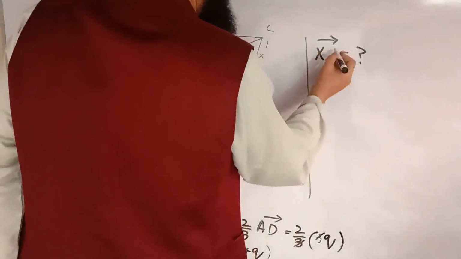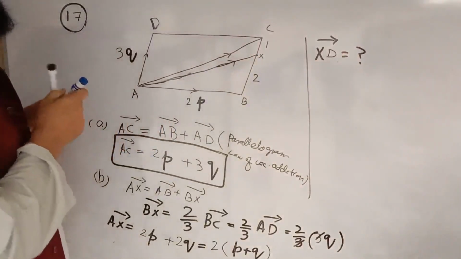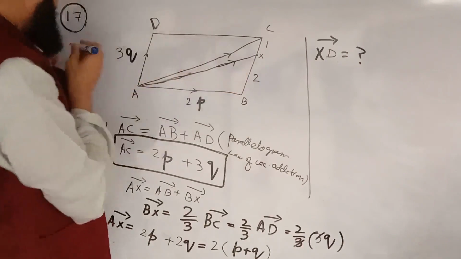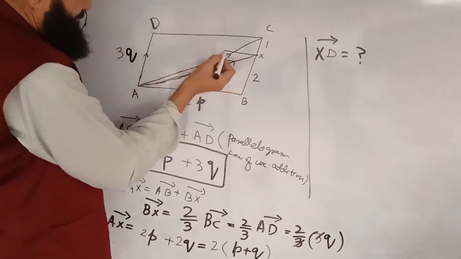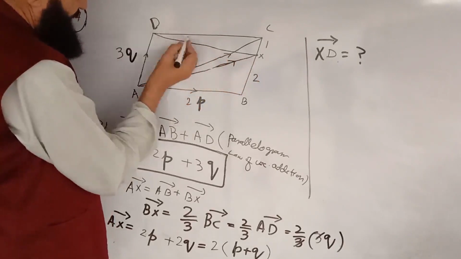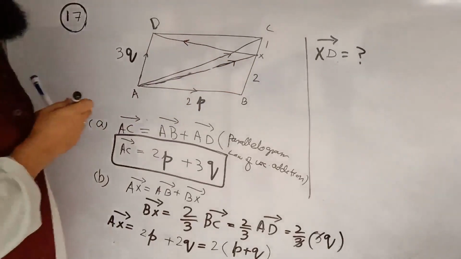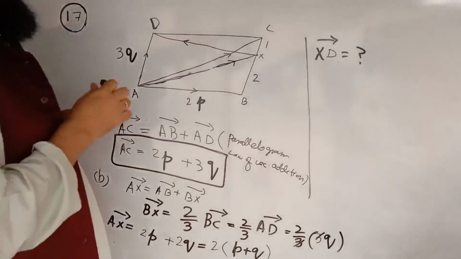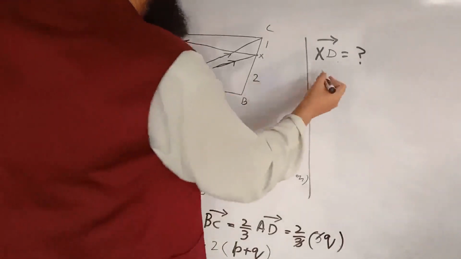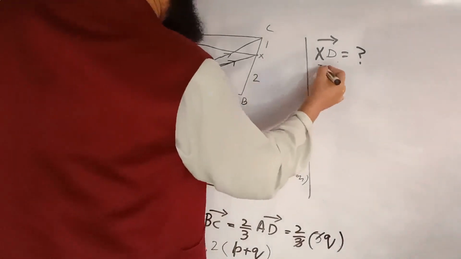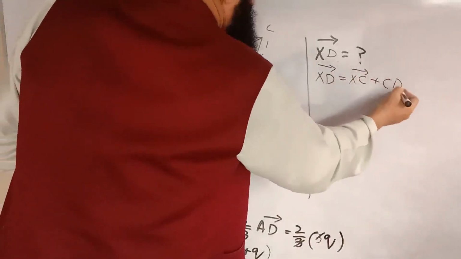It is very easy. XD. XD is this vector. I draw it here for you. XD is this vector, a straight line. So by head to tail rule, by vector addition, we can write that XD is equal to XC plus CD.